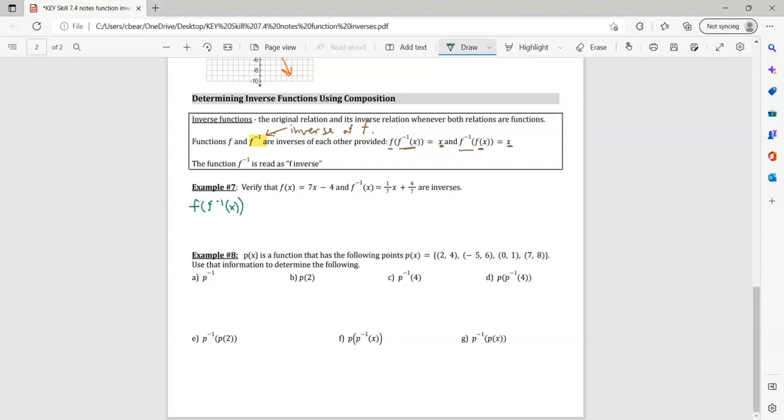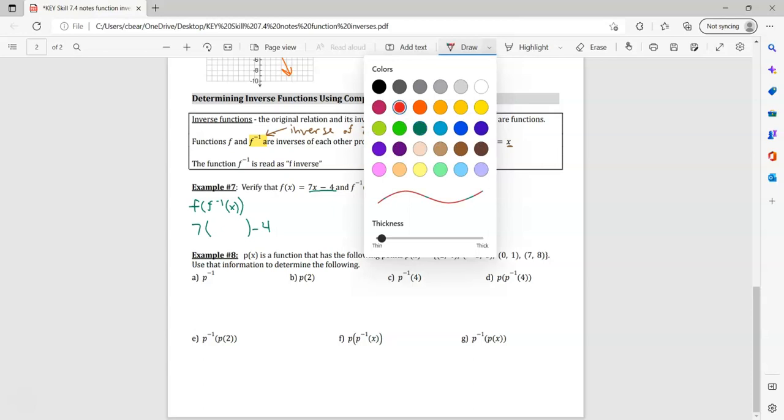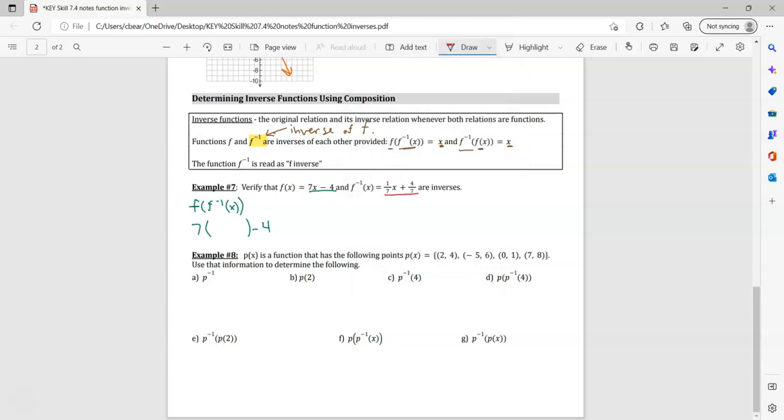So I'm going to take my outside function, which is f. F is 7x minus 4. And I'm going to replace that something with my f inverse being this equation. So we have 1/7 x plus 4/7. Okay?